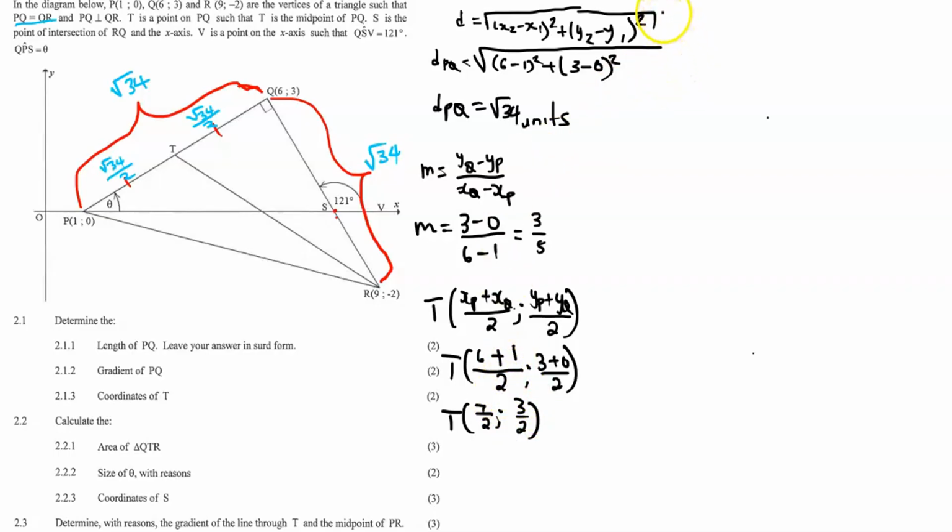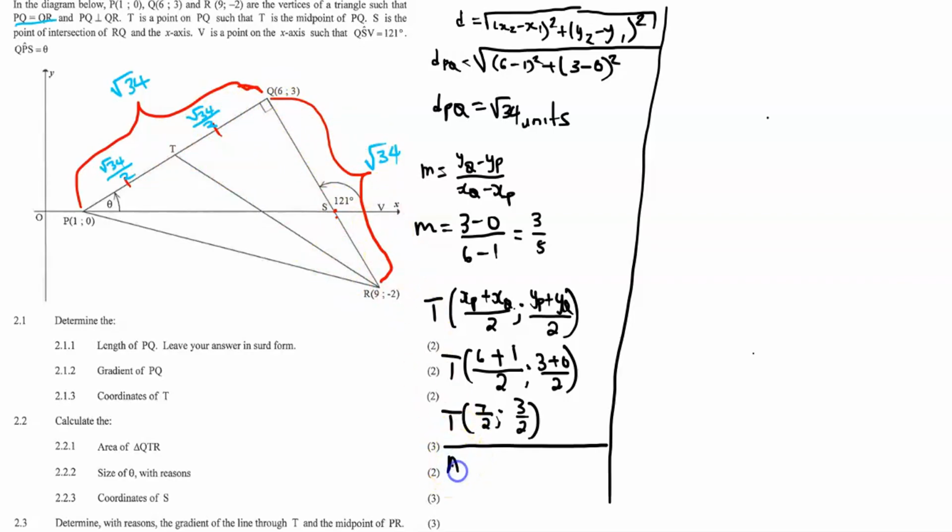Now we go to 2.2. The first one says find the area of QTR. Now we know that QTR is already a right angle triangle, so we just need the base and the height, and we already have the distances for these two.